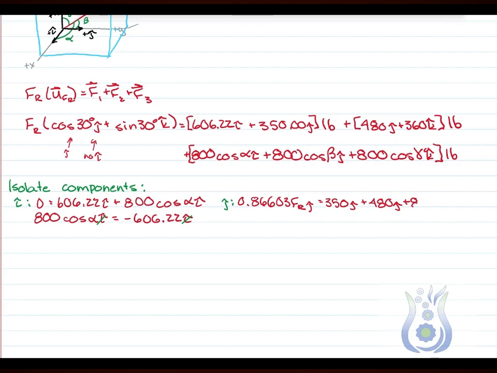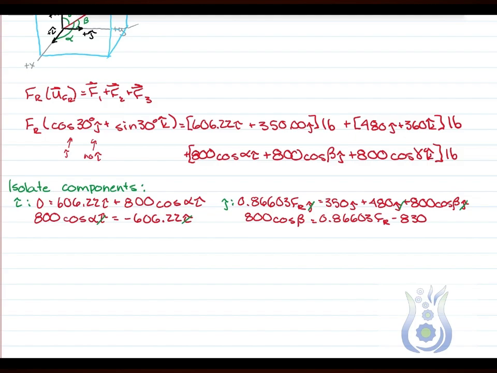And in the third vector, we have 800 cosine beta j caret. So in this case, we can solve down because we'll have to solve for our resultant force, but we'll solve down and have cosine beta on the left-hand side, just like we did for i, cosine alpha on the left-hand side.